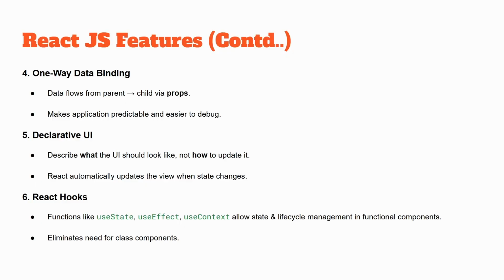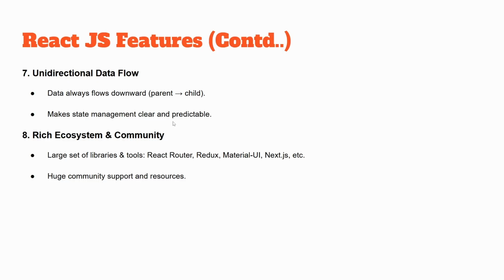Another very important feature, React hooks. React hooks are a special type of functions which allow the React functional components to interact with the state and life cycle methods of the app. There are different hooks available, like useState, useEffect, useContext. We will see this in detail in the further slides. So next is unidirectional data flow.